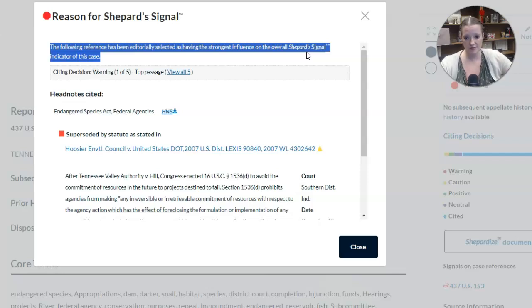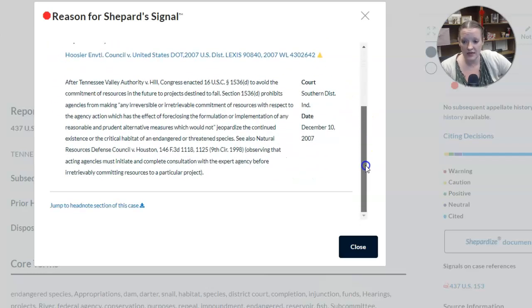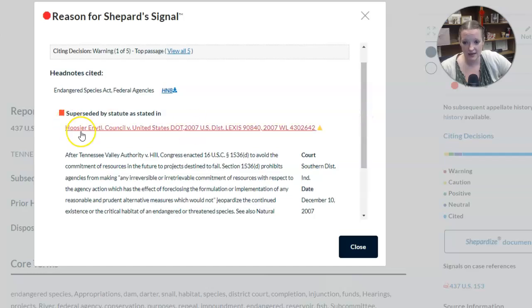We've got our red stop sign here. Again, that's not to say that it applies to the case wholly, but that you must investigate to determine how it applies and if that's relevant for your research purposes. But then again, Lexis is telling us that this case is more significant in the way that it negatively referenced Tennessee Valley Authority.